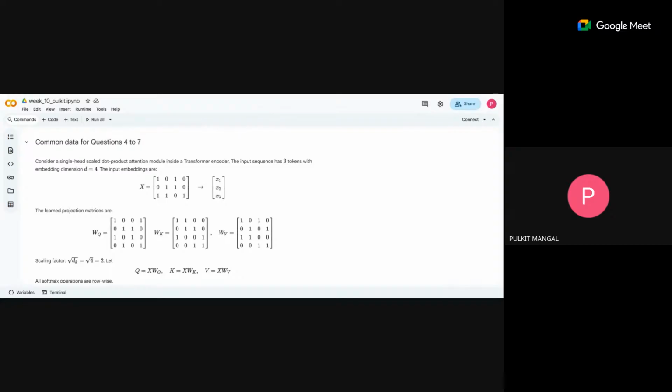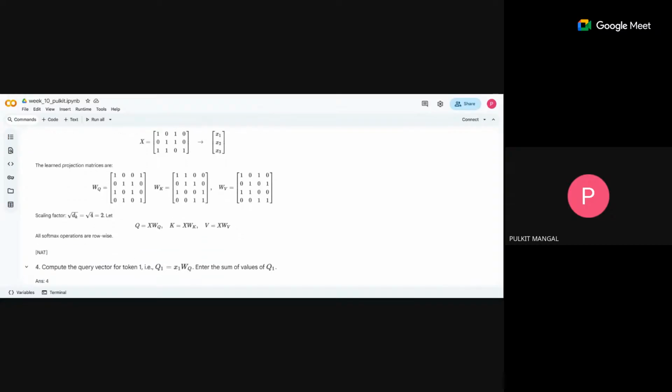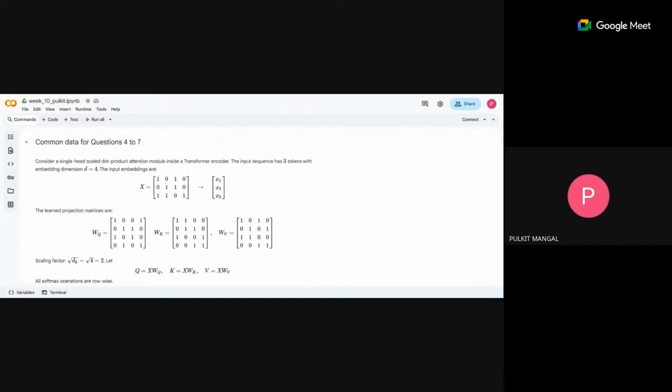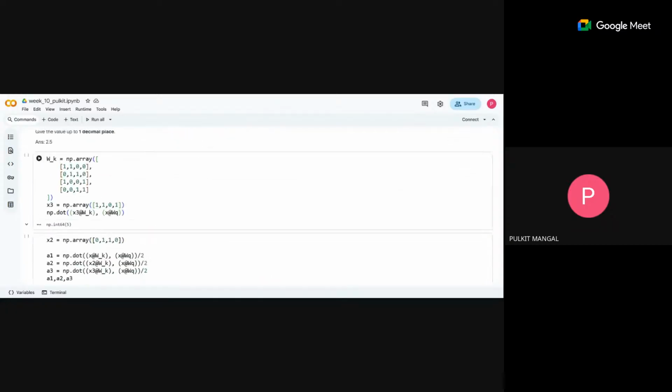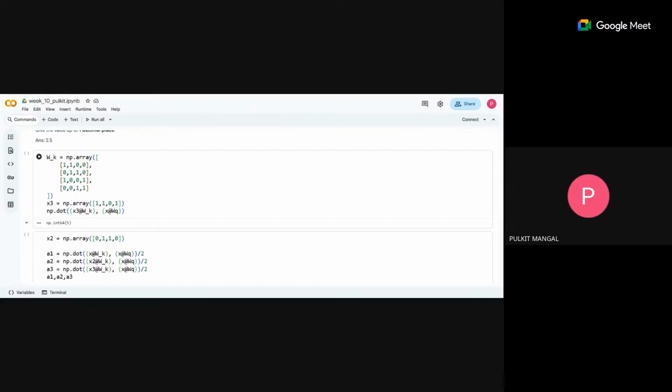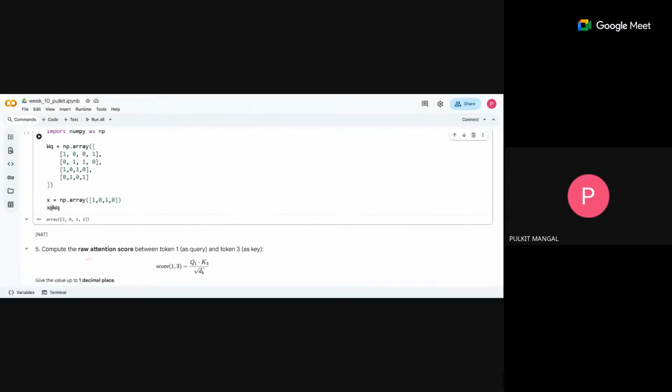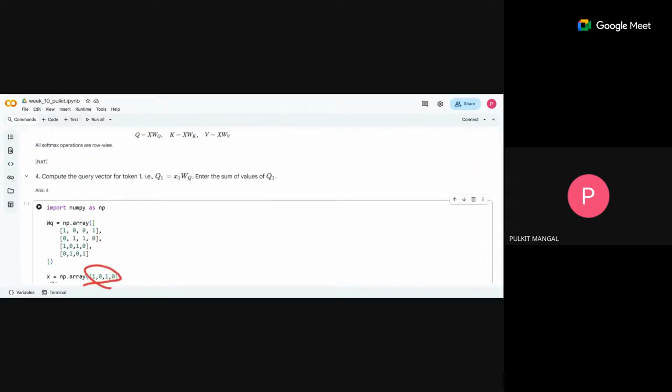As we want the attention score for the first token, our query has to be the first one, and key and value will vary. I did this in a code-wise manner using np.dot of x times WQ. X was here my first token.